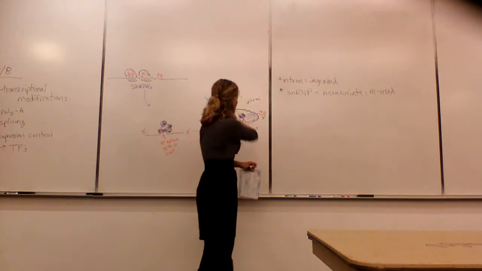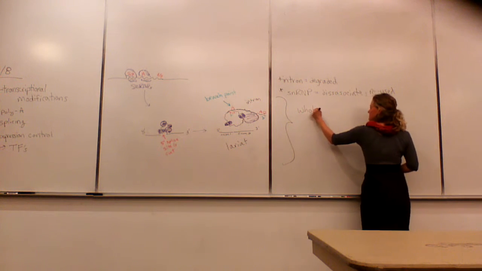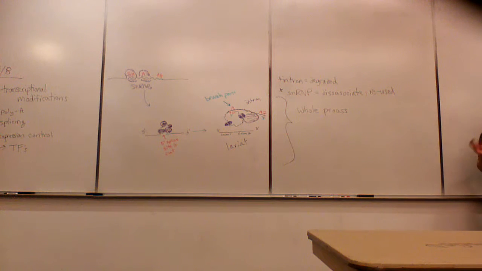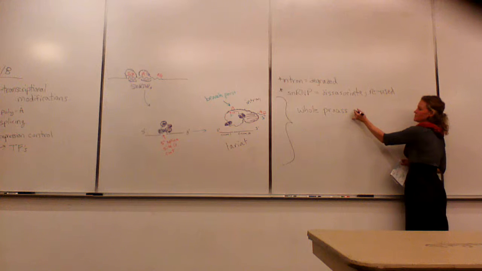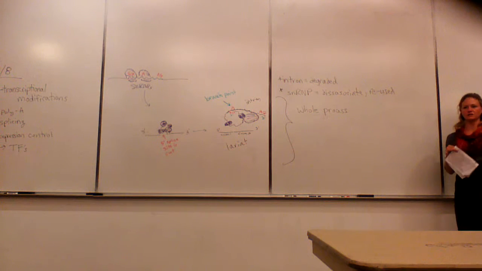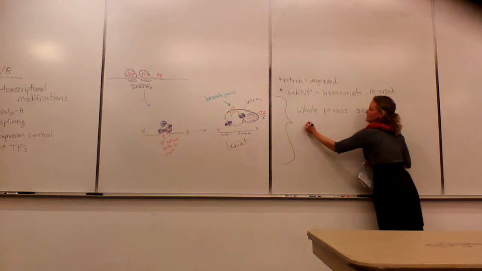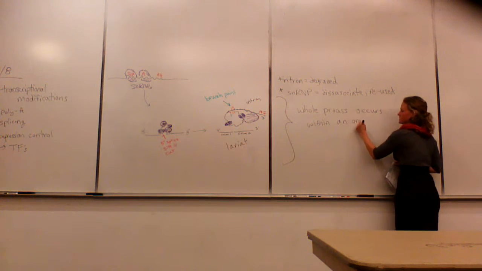And this whole process is occurring inside of what's called a spliceosome. In terms of where this actually takes place, it's considered an organelle, which is a little weird to think about.